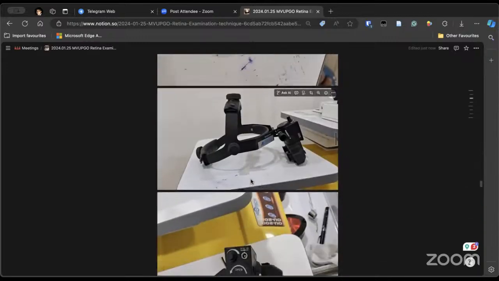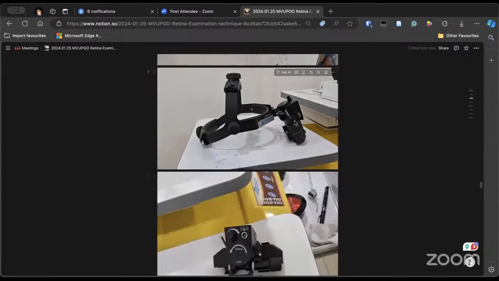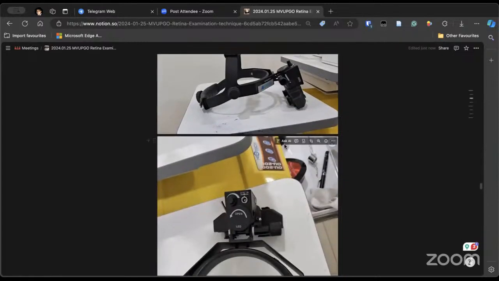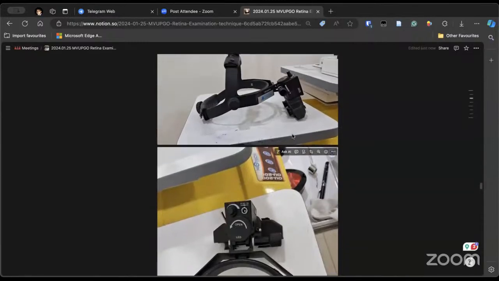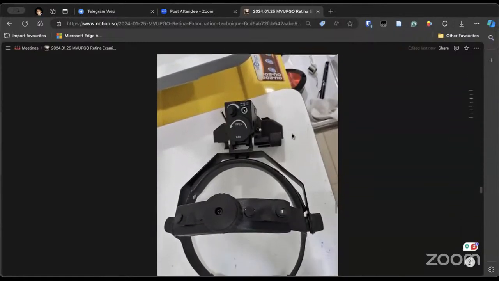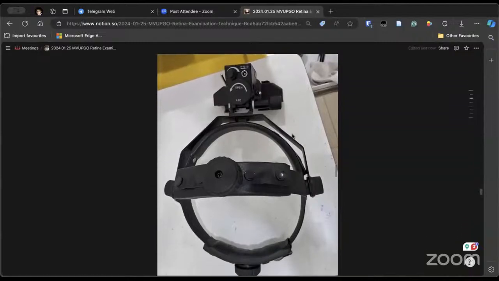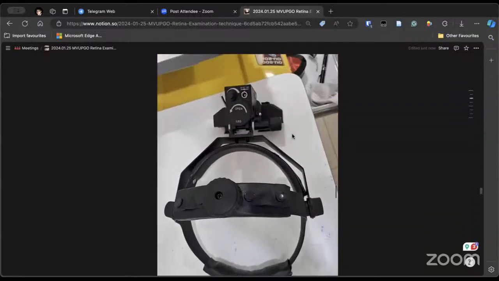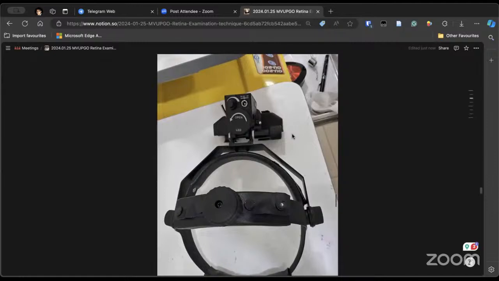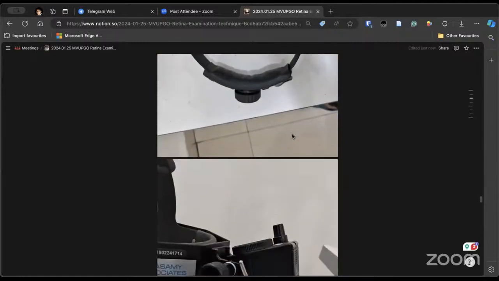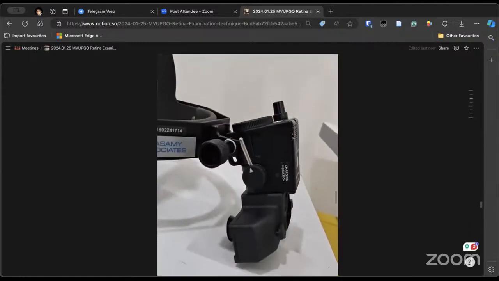So this is the lens. This is the rheostat, and there are two levers which can change the size of the light, and also the color can be red, green, or blue. Why is this green light given? Can anyone tell us? For getting a red-free image. Okay.